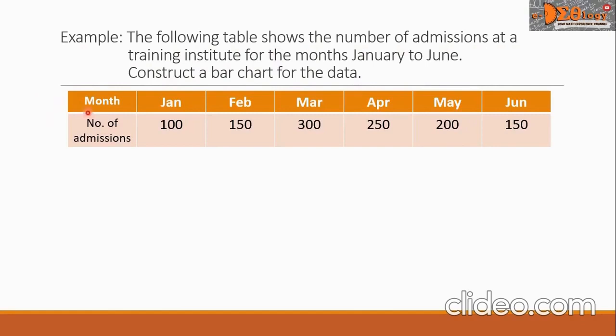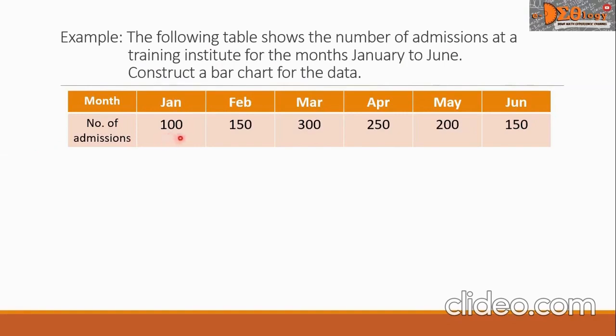The first row is for category month, and the months are listed: January, February, March, April, May, and June. The second row is the number of admissions, or we can say the frequency.